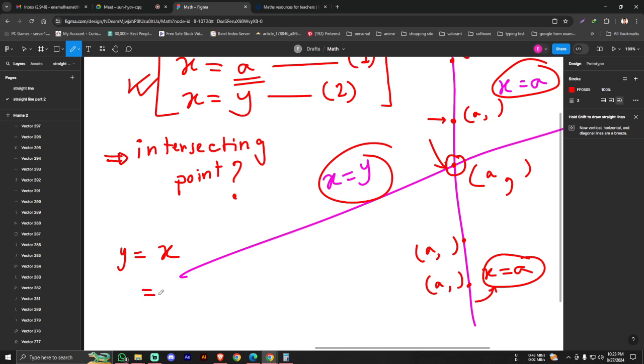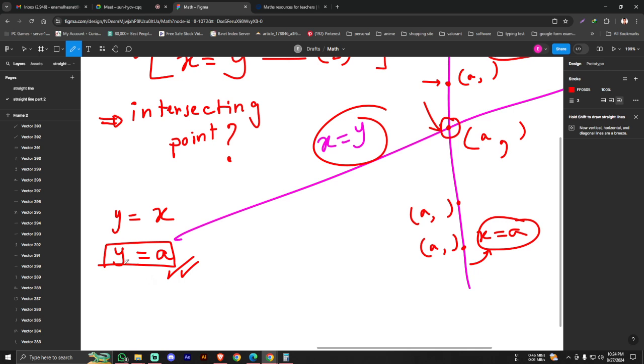So x is equal to how much? A, right? So y is equal to a. We have also found that. This gives you the y coordinate of the intersecting point, which is also a. That's how you find the intersecting point of two equations.